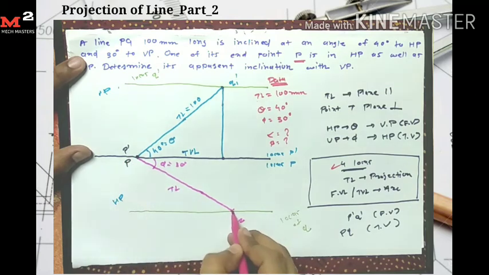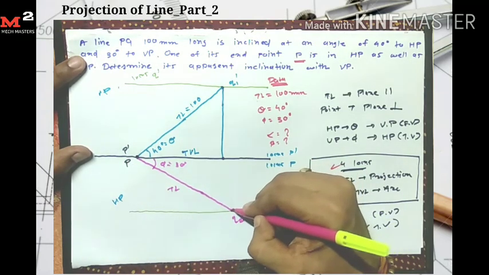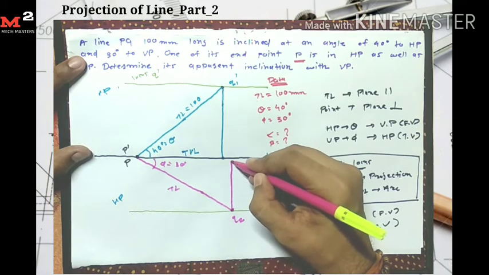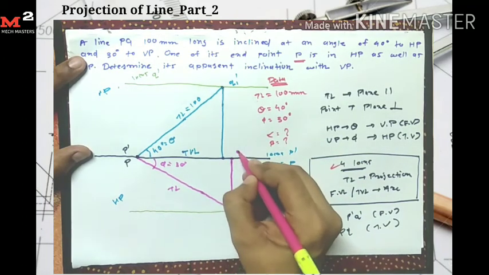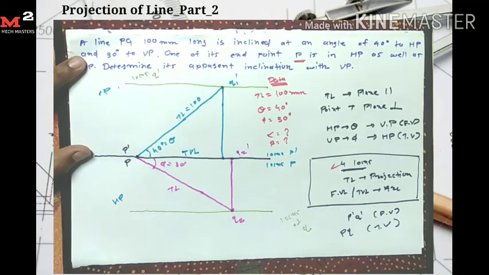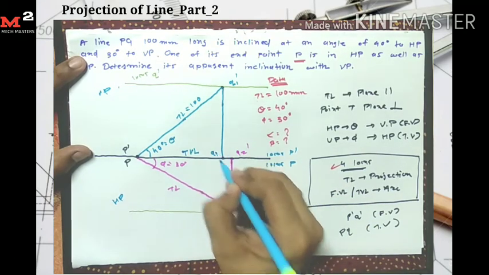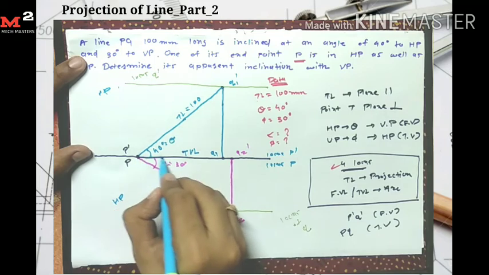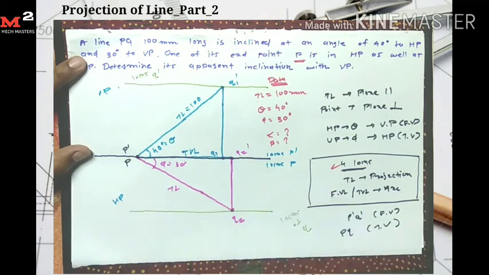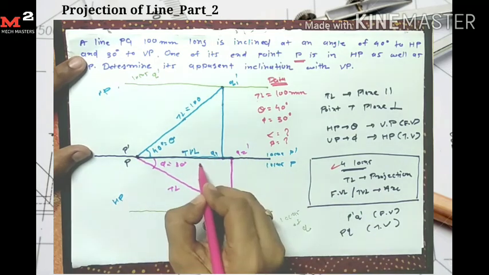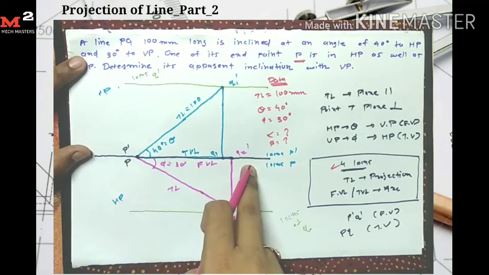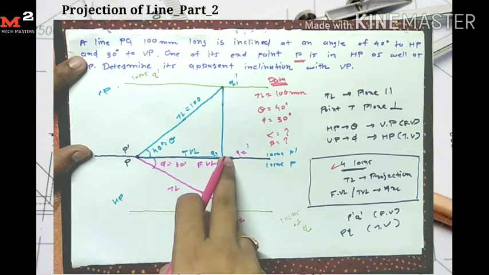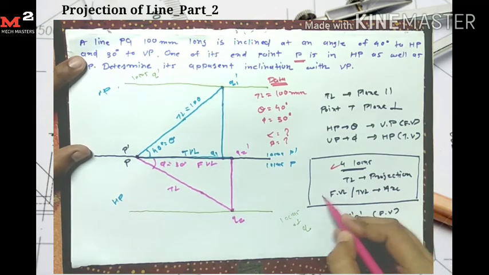From this point I take the projection up to the locus of P dash. I get a point here and give the name Q2 dash, and here I give the name Q1. This line up to here is my front view length. Front view length is equal to P Q2 dash and top view length is P dash Q1. So now I have the front view length and top view length.